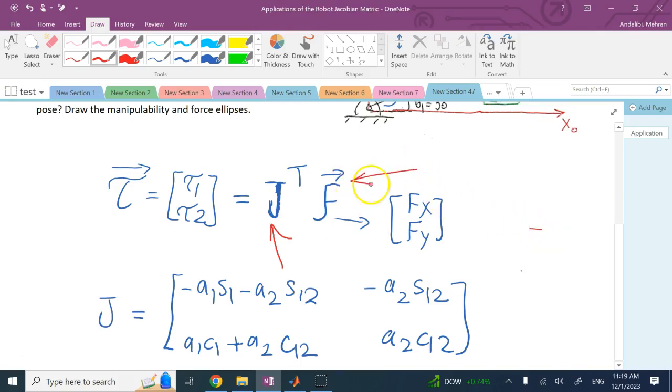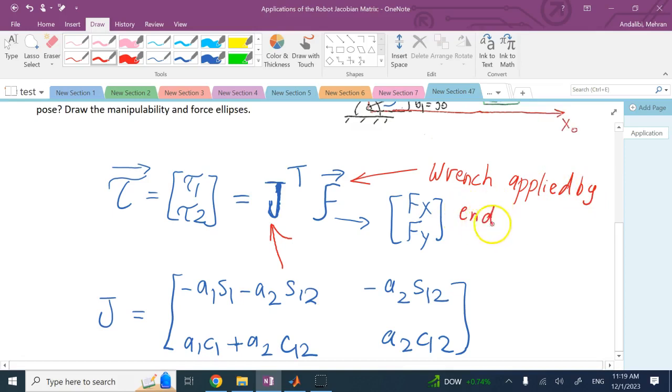So in general, as I said, we call it the wrench, because there could be other degrees of freedom. So this is the wrench applied by the end effector to the environment, or to the object it is handling.